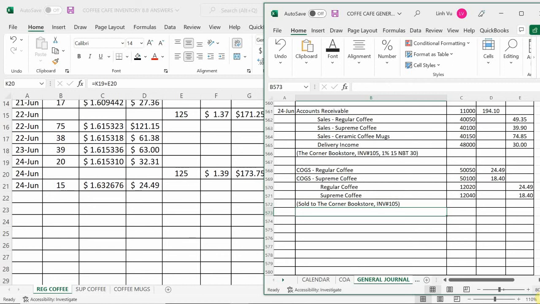Go to your inventory. You gotta put the coffee in. We just took it out. So you said put it into inventory, take it out of inventory. Where? At the sales, not the sales.